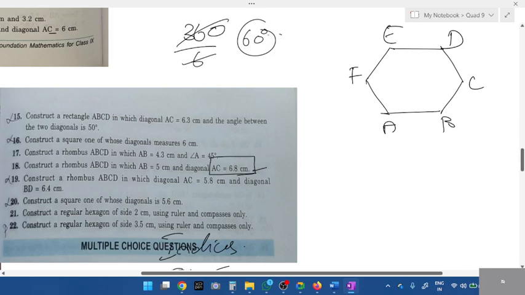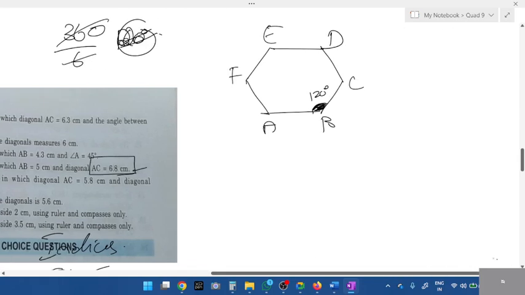60. But it is not 60. You are supposed to draw a 120 degrees angle. Double it. Logic is not required. Just draw 120 degrees. Shall we start solving? Just a minute, students.